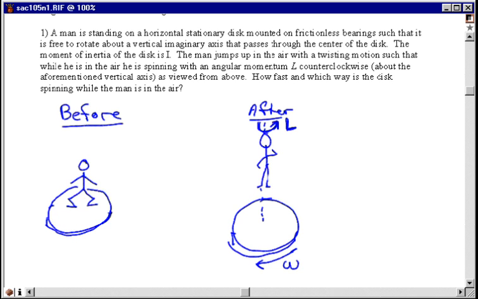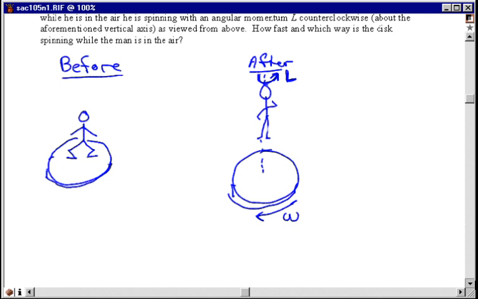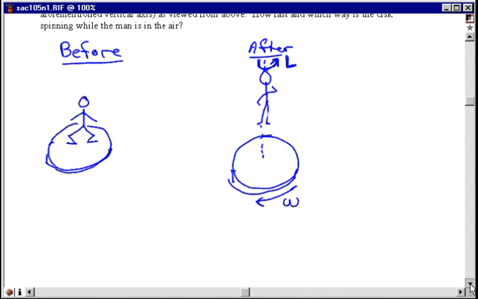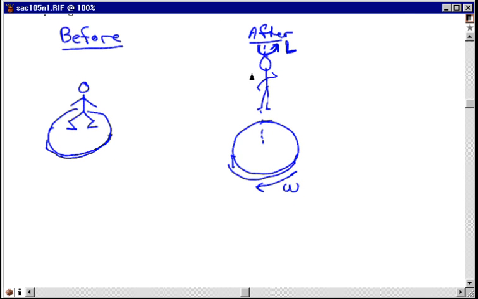So initially, the total angular momentum is 0. Nothing is spinning in the before picture, and in the after picture stuff is spinning. The man is spinning and the disk is spinning. Now I'm going to write conservation of momentum instead of using L equals L prime, especially since I got the symbol L over here in the after picture.